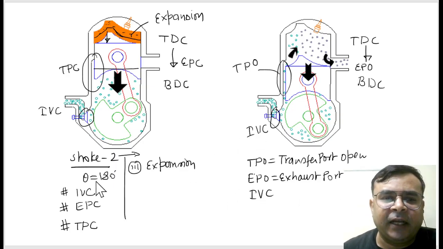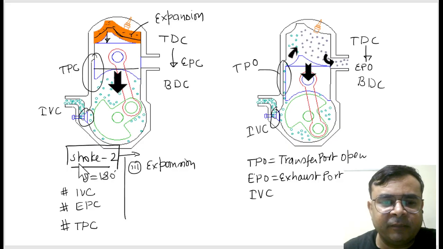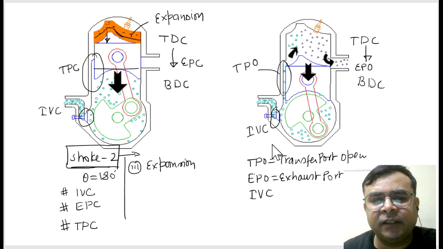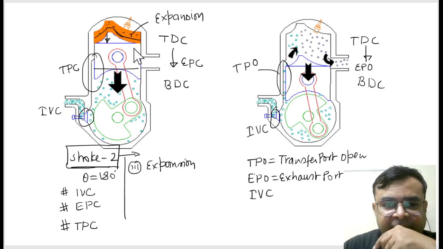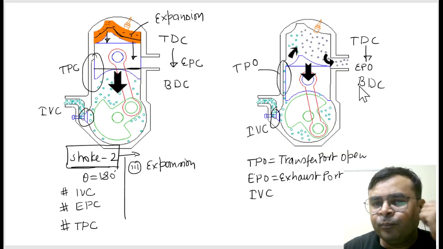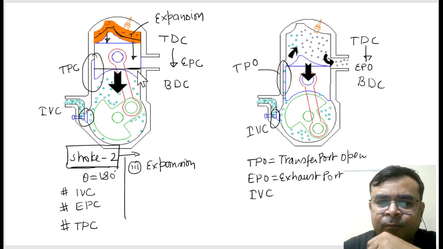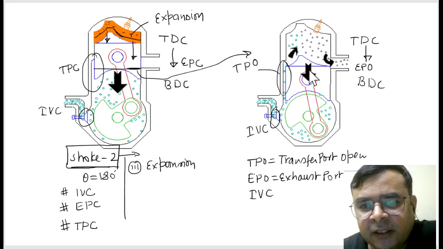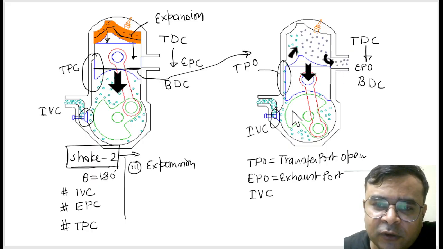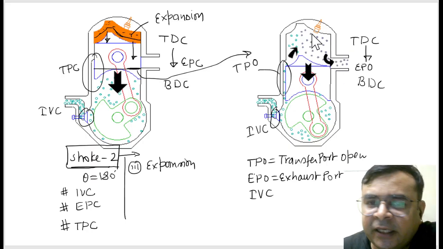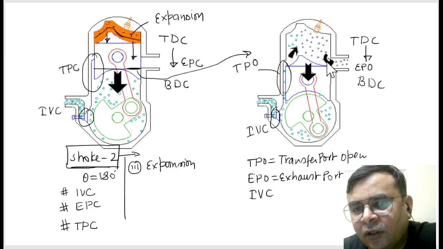Okay, and this is already happening in this second stroke. Remember, this process is happening simultaneously in the second stroke when the piston is moving from TDC to BDC. It means this piston is moving down, and when it reaches this point, corresponding to this point you can see this figure in which the transfer port gets open and the exhaust port gets open. Since the fresh charge is entering into the cylinder and it applies some pressure, because of that pressure the exhaust gas gets escaped.